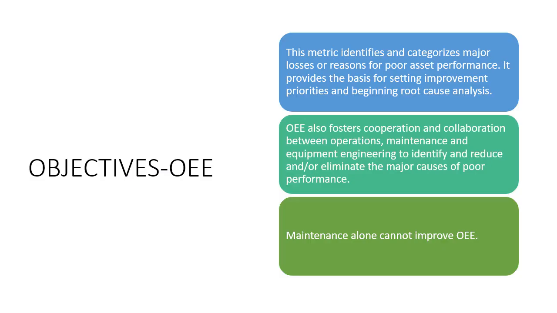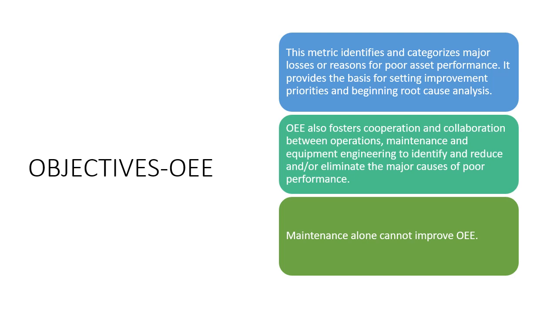So what are the objectives? The objective is that this metric identifies and categorizes major losses and reasons for poor asset performance. It provides a basis for setting improvement priorities and beginning root cause analysis.